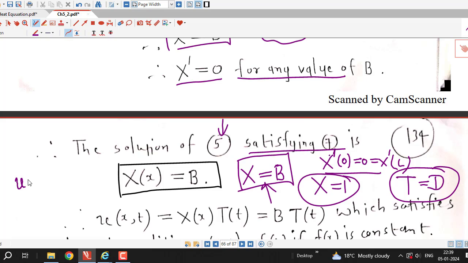That means our solution in this case is going to be u equal to X is constant, T is also constant, that is u becomes constant.